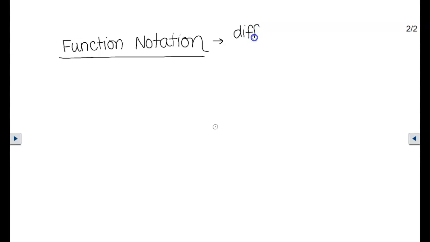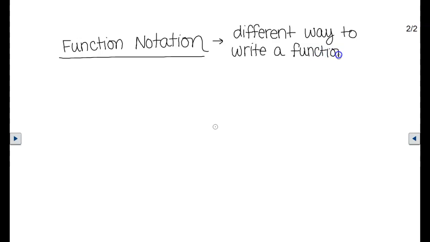This is going to be a different way to write a function equation. So this is just going to be a different way to write it. It won't change the way we do things. So the big thing we need to do is make sure you understand this different way of writing that function equation.